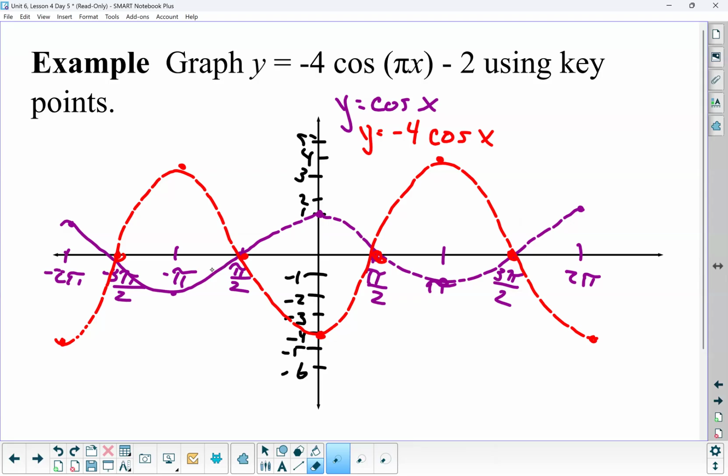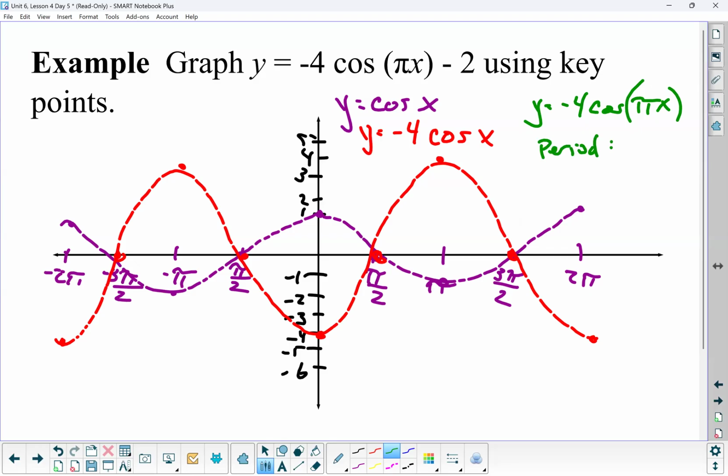My next graph is going to then include the period change. So that is going to be y equals negative 4 cosine pi x. For my period for that, I would take 2 pi divided by pi.